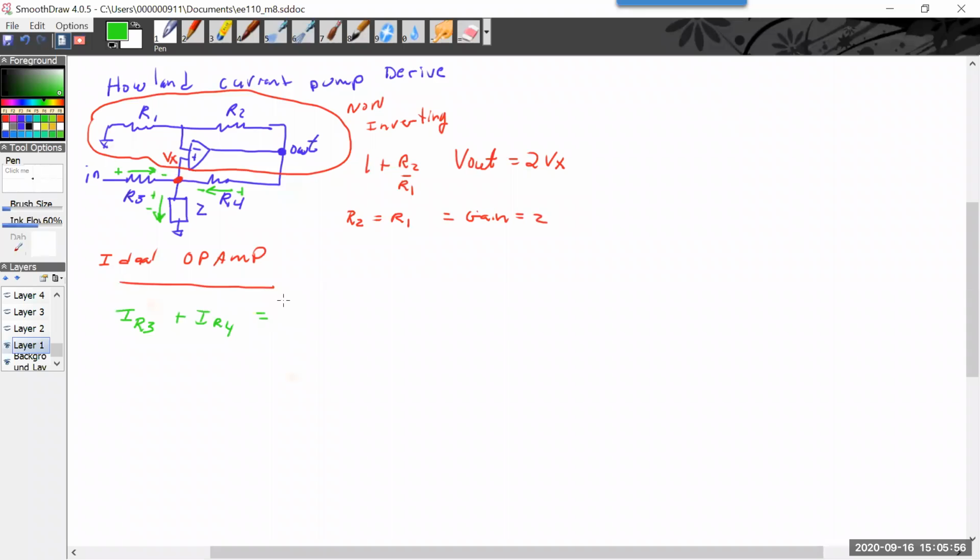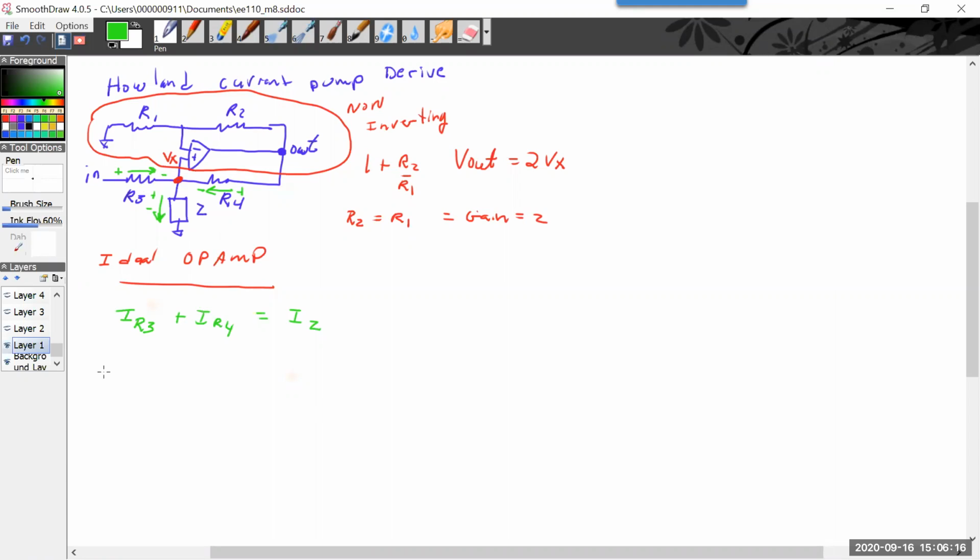And then current coming through the impedance. All right. Then, I substitute these nodal voltages and resistances.